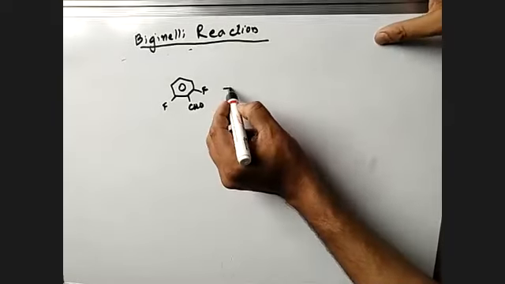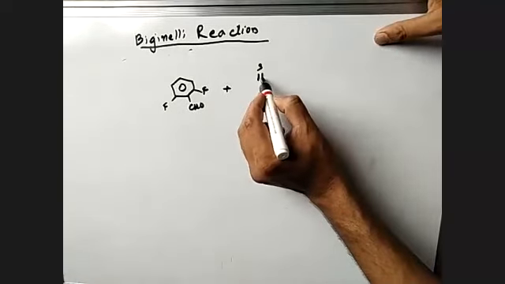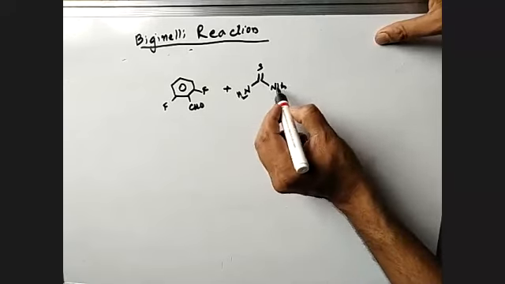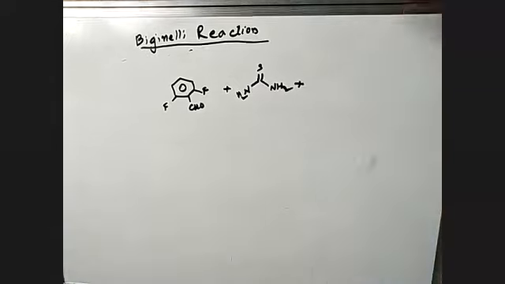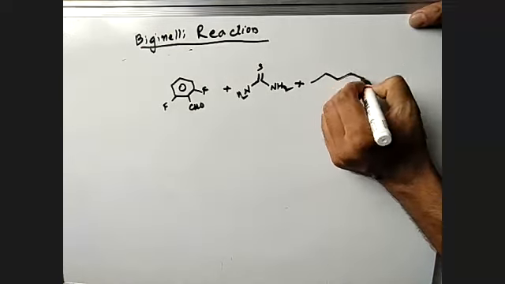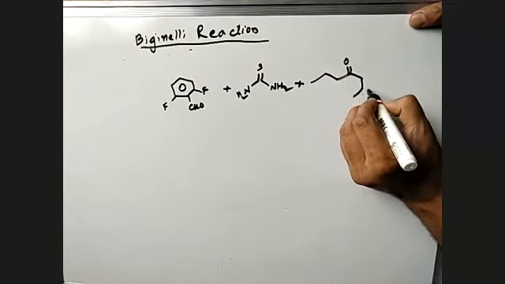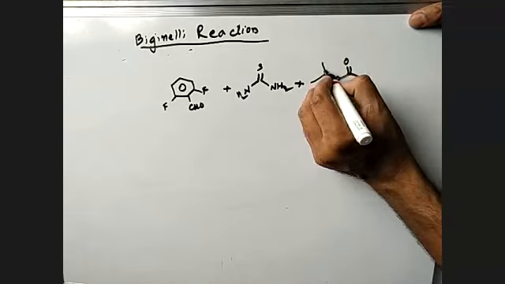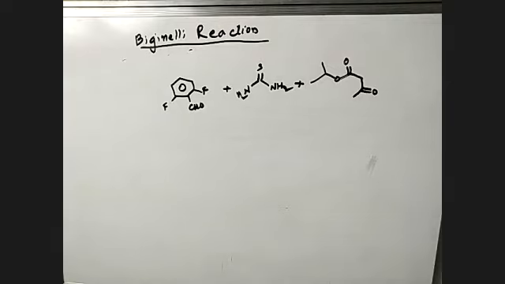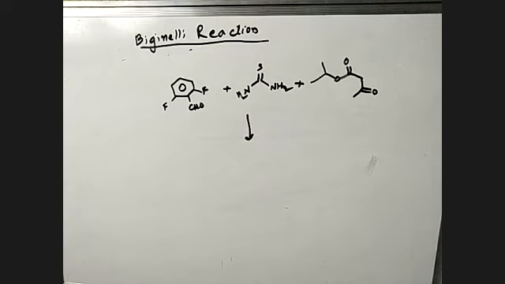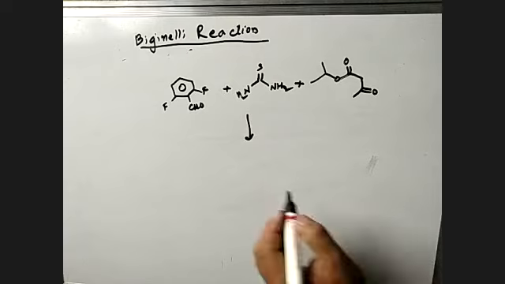Take urea or thiourea and one beta keto ester. We can take any beta keto ester, no problem. Like this also possible, no problem. So there is no change in the product at all. Ring formation will be as it is, no issue, same.